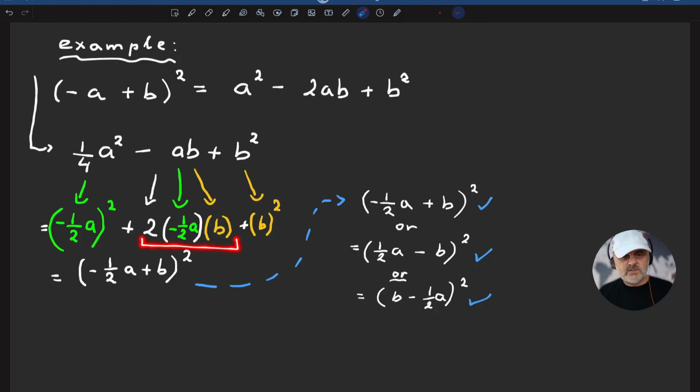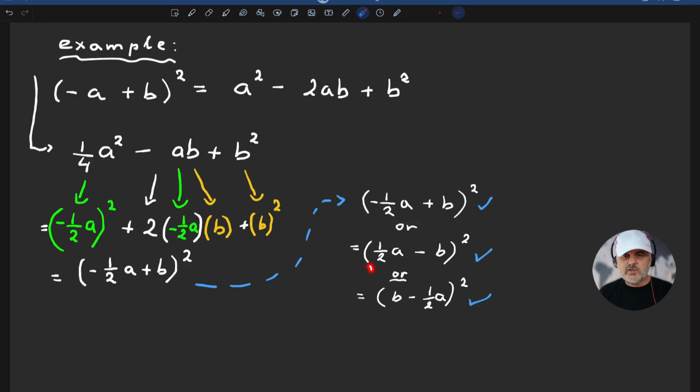So 2 times negative half is -1. So everything works. So this is a perfect square trinomial that could be expressed in that beautiful form, negative half a plus b squared. I'm going to show you that this is one correct version.